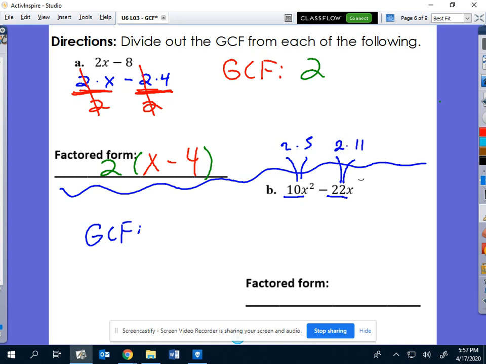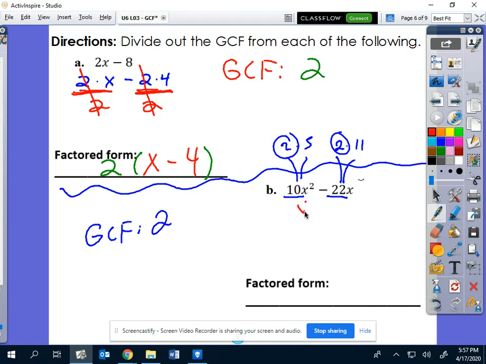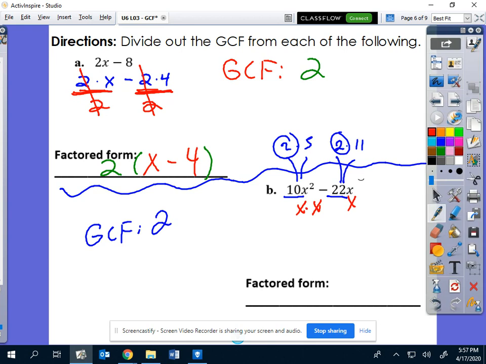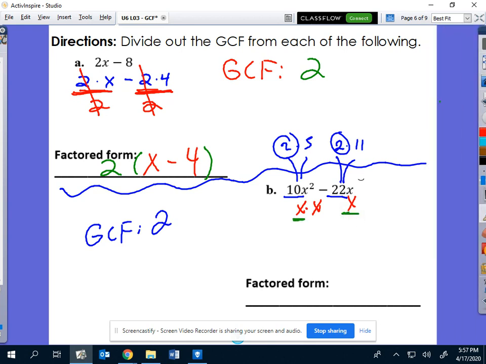And 5 and 11 don't have anything in common. So that 2 is the only thing they have in common. But they also have an x. And here's where you've got to think about this. This is x squared, which means x times x. This is just x. So they have a single x in common.